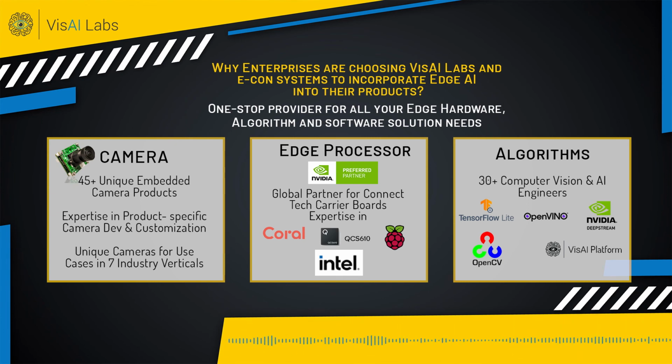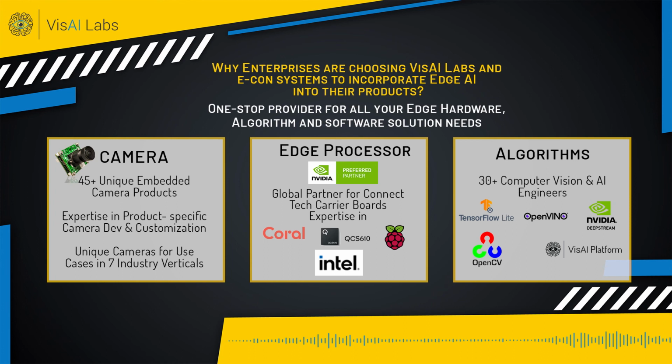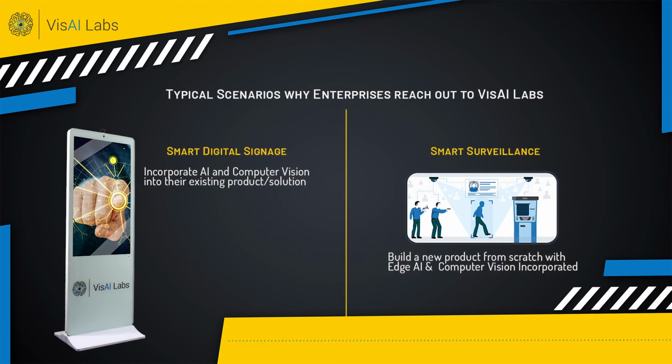And there are very few people on this planet who can claim to have experience in camera, who build their own camera, while having the partnerships with all major edge processor firms, whilst also having capability across all major machine learning algorithms, as well as having their own edge optimized algorithms in their own platform.